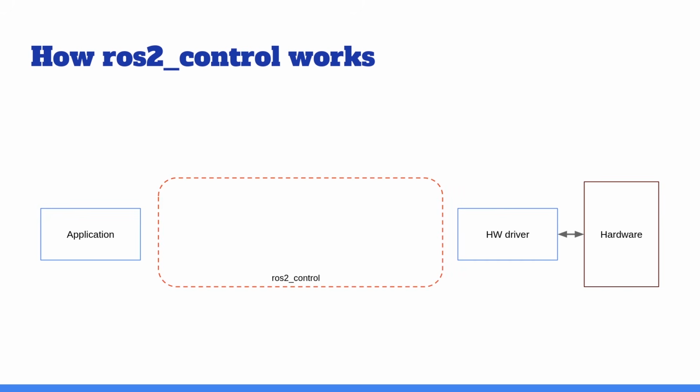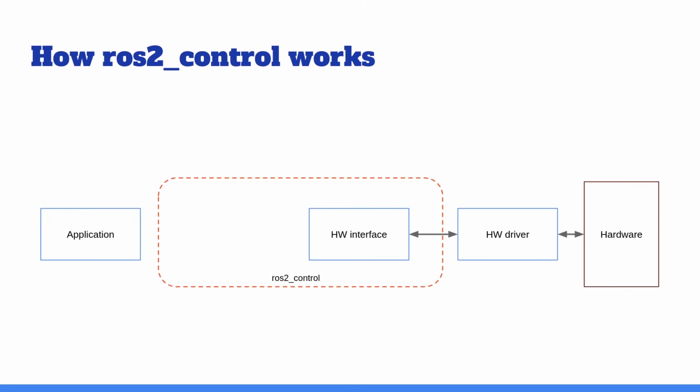And then here we have ROS2 control, between the application and the hardware driver. What do we have inside ROS2 control? We have two things. Still going from the right side, we have the hardware interface. The hardware interface is, as the name suggests, the interface to the hardware. So it's going to be directly communicating with the hardware driver.